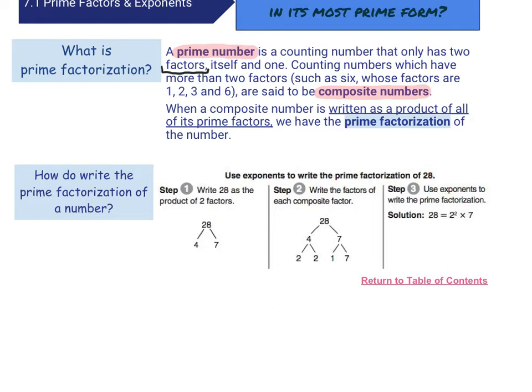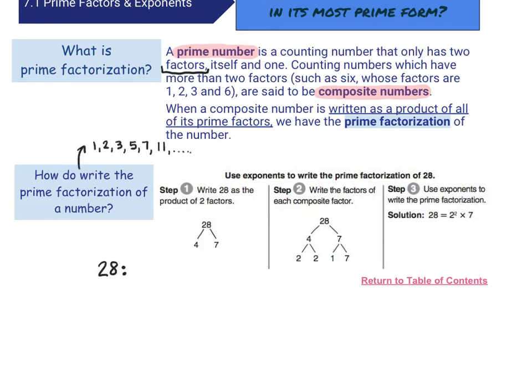So 28 gets prime factorized, and I like the way that they set it up here, but I have another way that I like to do prime factorization. I take my number, which is 28, and when we're thinking about prime numbers, I'm going to write some up here: 1, 2, 3, 5, 7, 11.